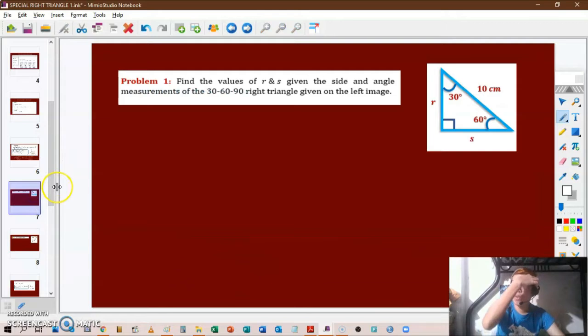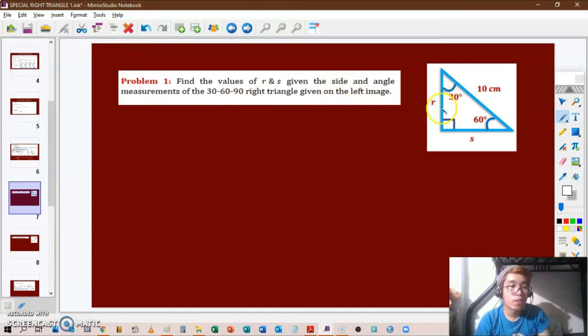Let's try to solve some problems involving the 30-60-90 triangle. Find the values of R and S given that the side and angle measurements of the 30-60-90 triangle are given in the image on the right.